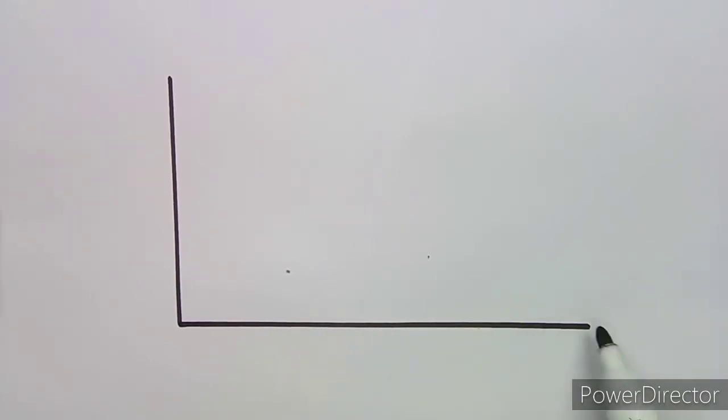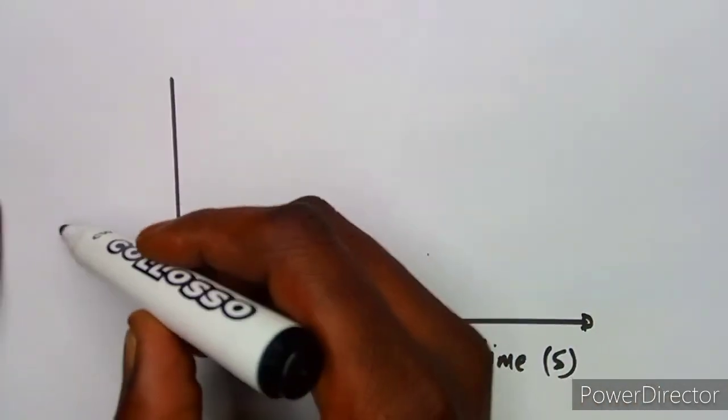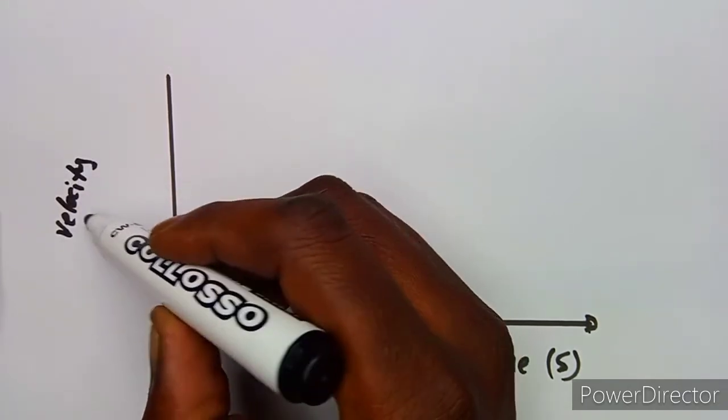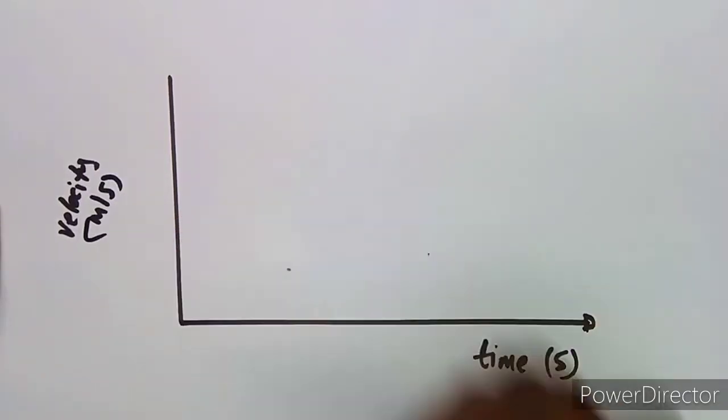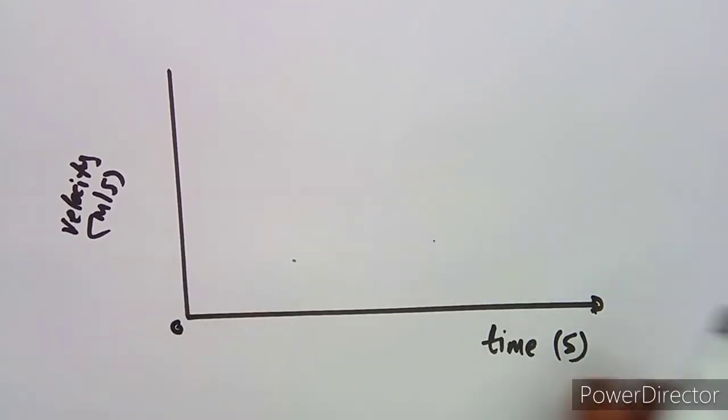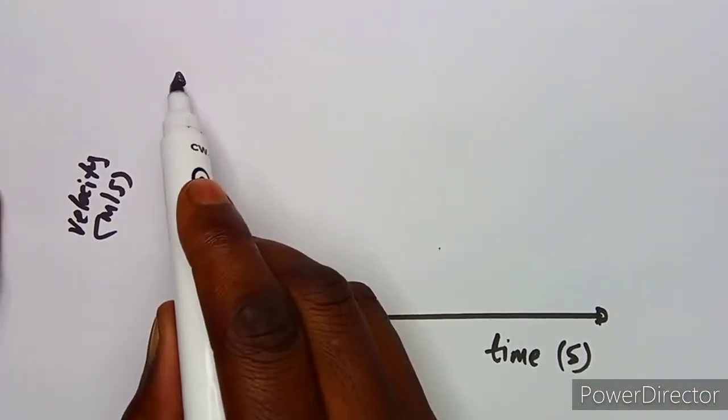This is our time axis. Remember that our time is actually measured in seconds, and this will be your velocity, which is measured in meters per second. So that is what you're going to have, guys.